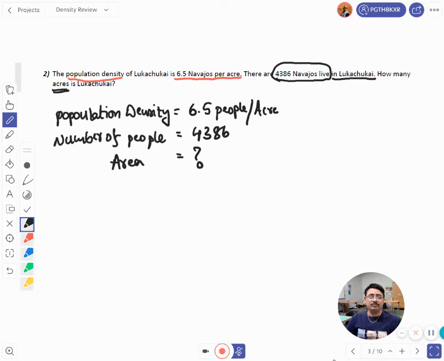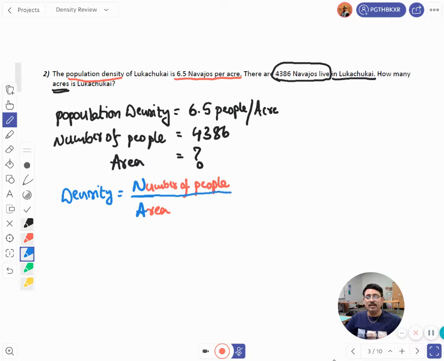So let me write that population density equals N over A. N stands for number of people. A stands for area. Therefore, number of people over area.